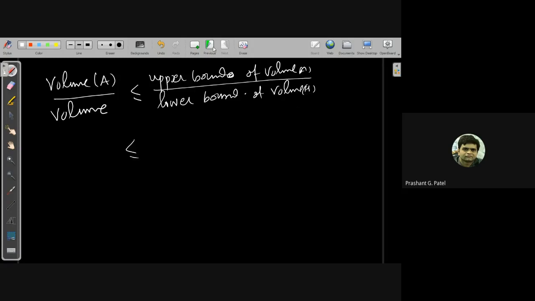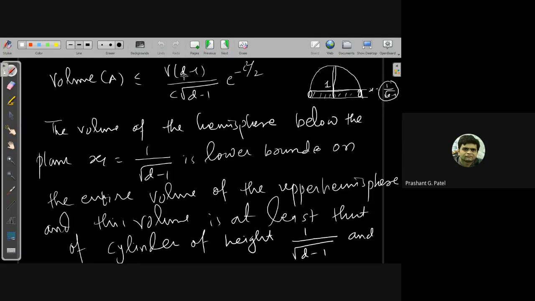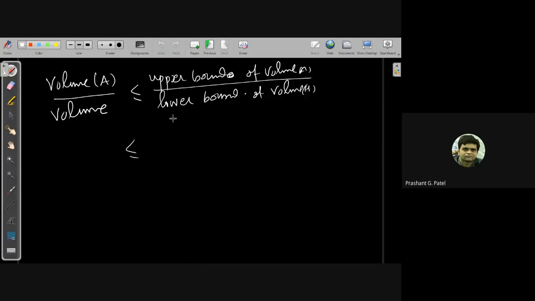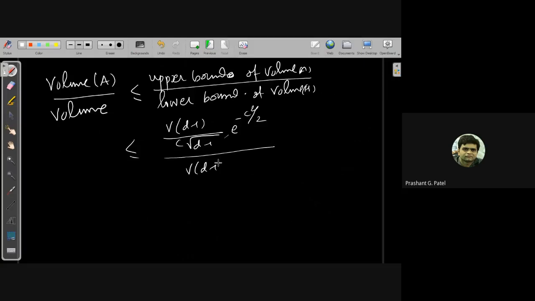But the upper bound of volume of a we have obtained like this, that is V of d minus 1 upon c into square root of d minus 1 into e power minus c square by 2. And the lower bound of h we have calculated, that is V d minus 1 upon 2 into square root of d minus 1. So just see that this V d minus 1 is cancelled out, and square root of d minus 1 is cancelled out. So what is left is 2 by c e power minus c square by 2.